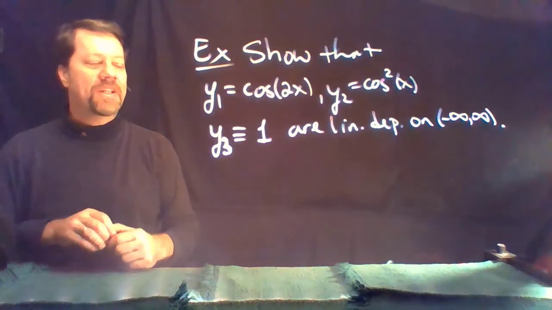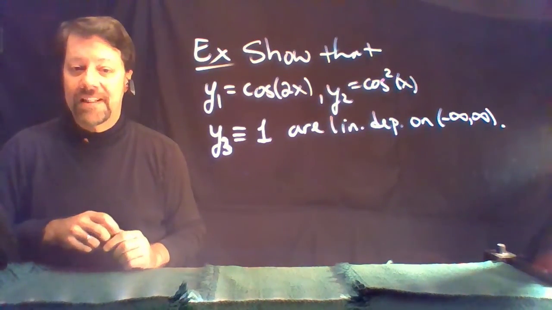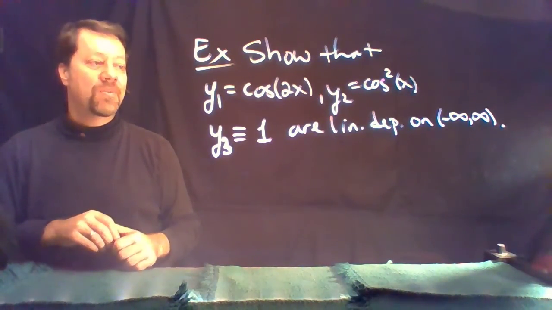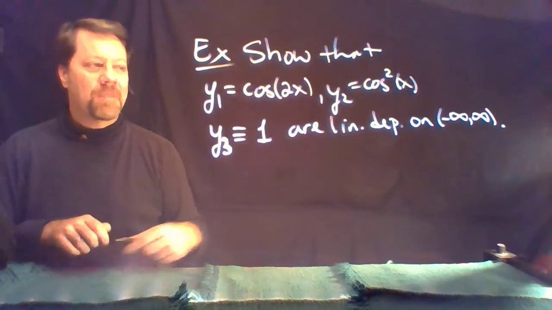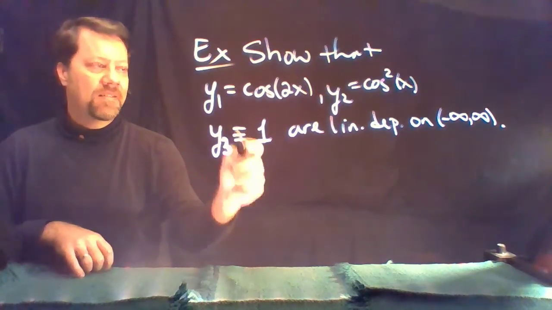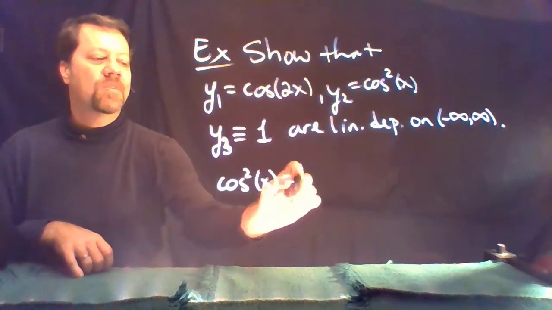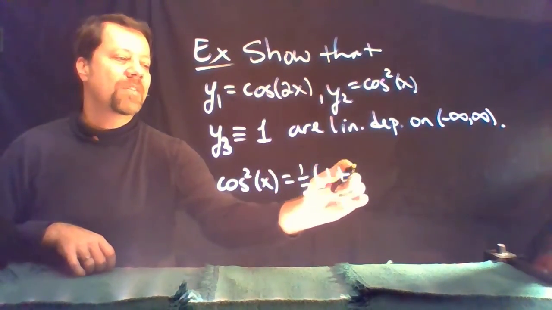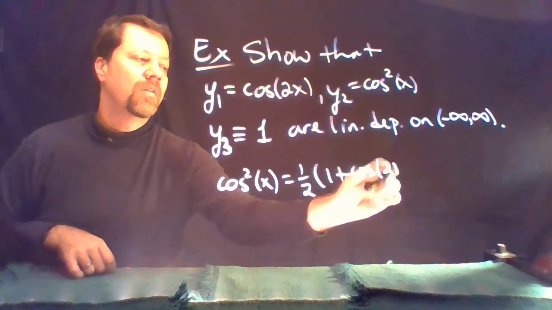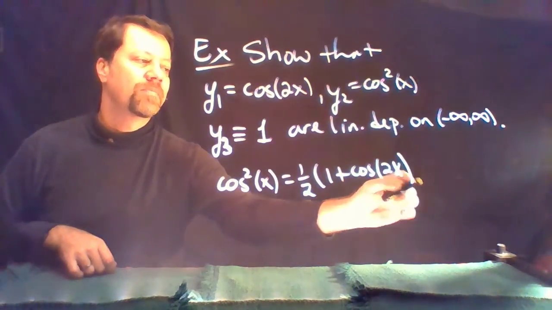To do this, all we need to do is find a linear combination of these functions that gives you 0. We can do that because of the half-angle identity. Cosine squared x is 1/2 times 1 plus cosine of 2x.